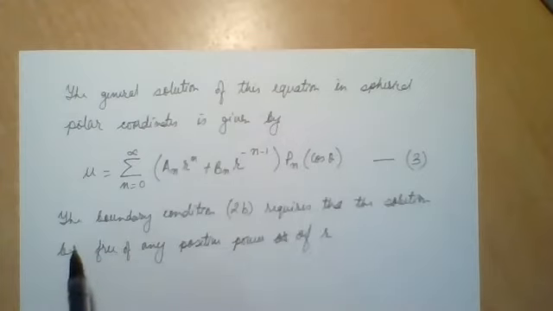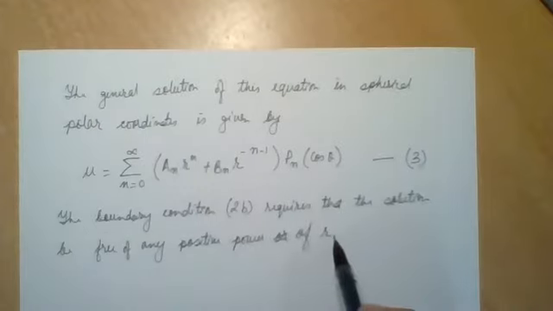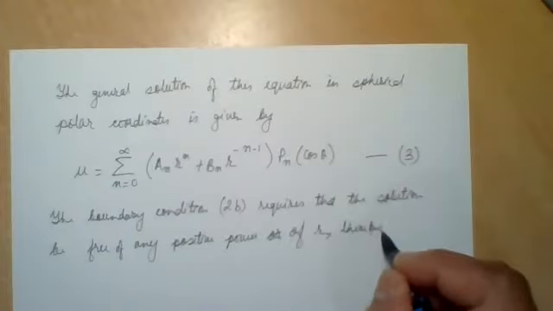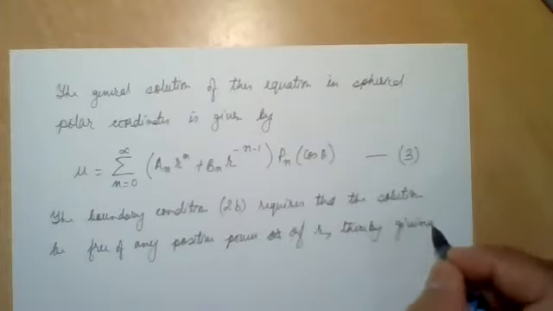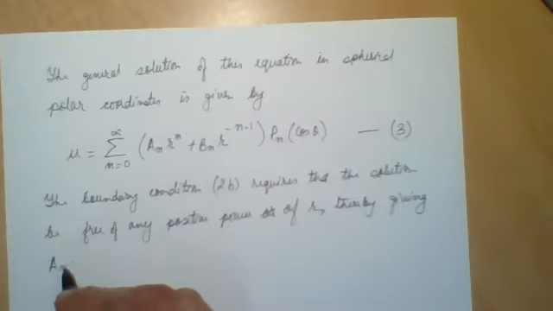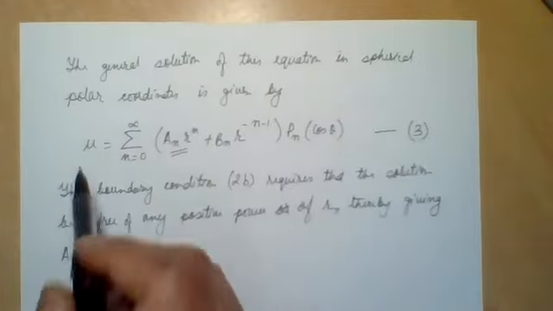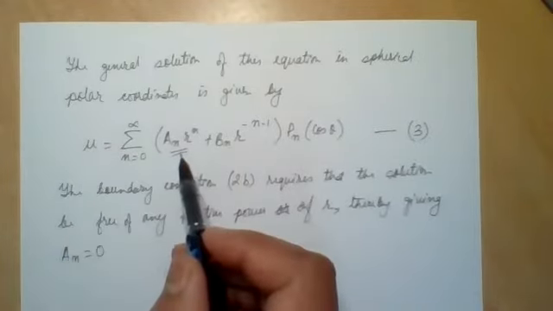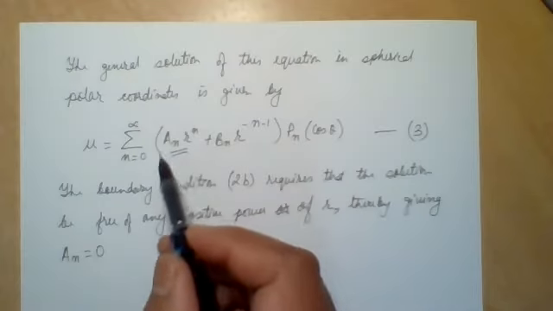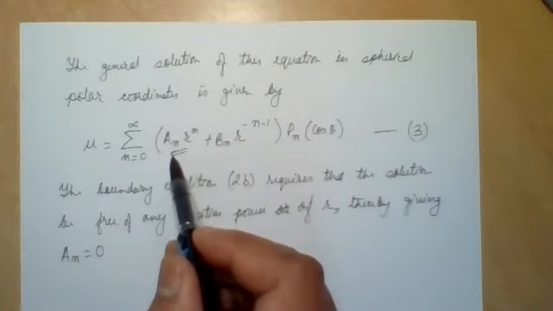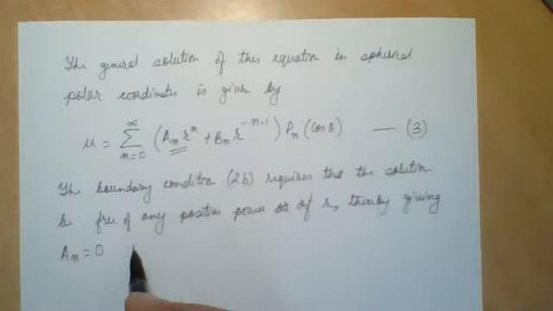So this is what we mean when we say the boundary condition 2b requires that the solution be free of any positive power of R, thereby giving An equal to 0. Okay, this term should not be present because when R goes to infinity, U should go to 0. But when R goes to infinity, this term goes to infinity. So this term should be absent. And the only condition that this term can be absent is when An goes to 0. Okay.